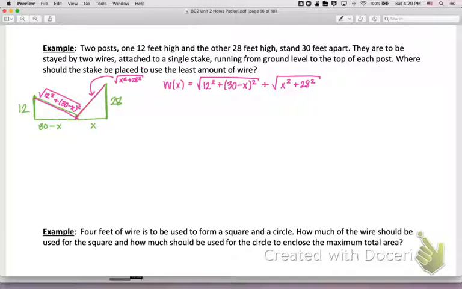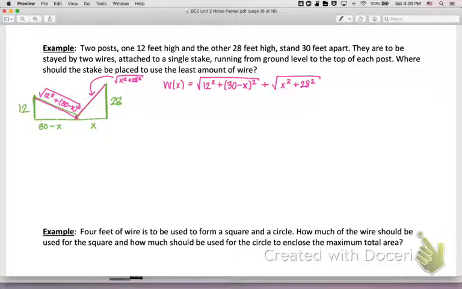Now we need to take the derivative of this, which is definitely not the most friendly derivative, but it's not the worst I've ever seen either. So we're going to have to do some chain rule here to see what we've got going on.